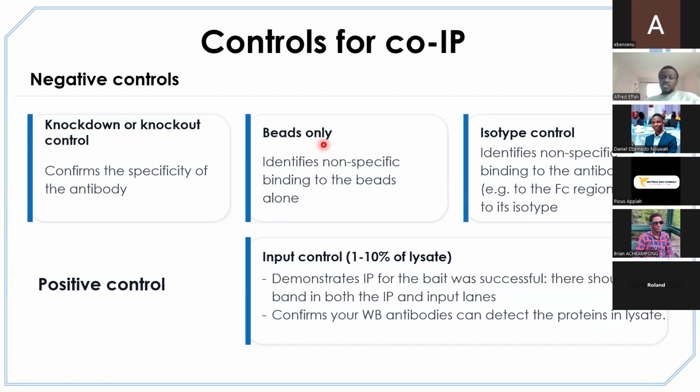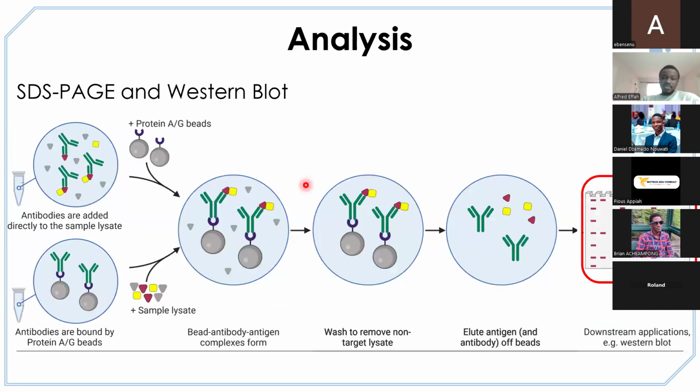Now we can also use beads only. Now beads without antibody. We introduce beads, no antibody. So like this one, just the beads, there's no antibody. You don't add this antibody. So if there's no antibody, the bead alone shouldn't bind to any protein.